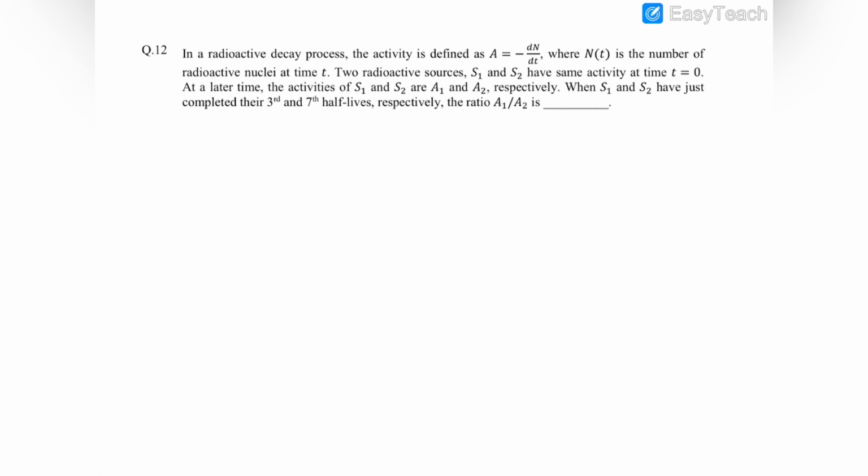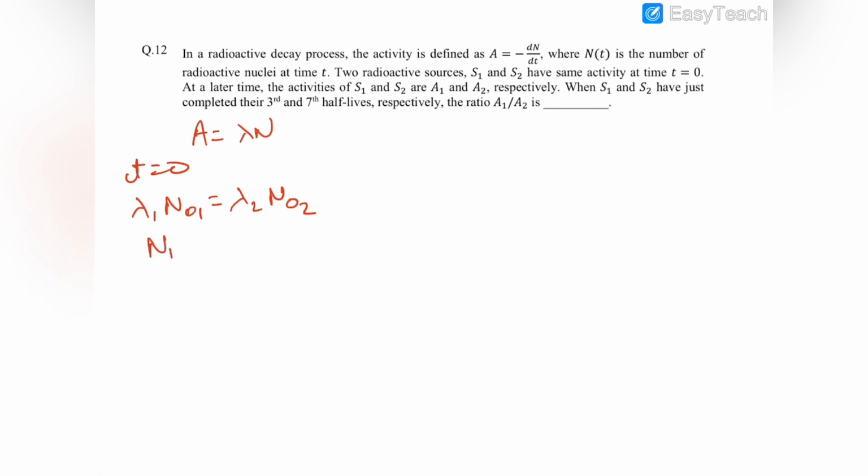See, first of all, let us see that initially the activity of these two elements is the same, and we can write that activity A is equal to lambda N. So initially at t equal to 0, we can say that lambda 1 N naught 1 will be equal to lambda 2 N naught 2.